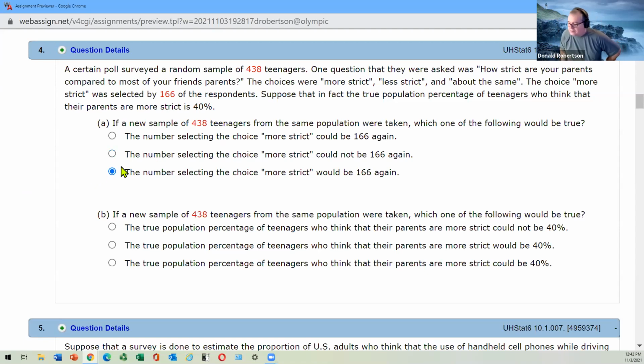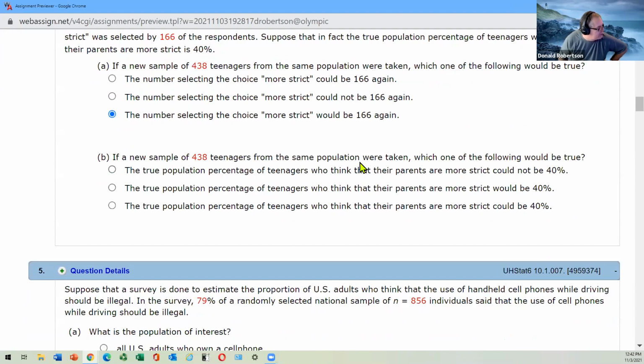Or it could not be. Every time you do a sample, anything could happen. The same number again could happen. It could be different. It could be more. It could be less. So I'm kicking out 2 and keeping that.